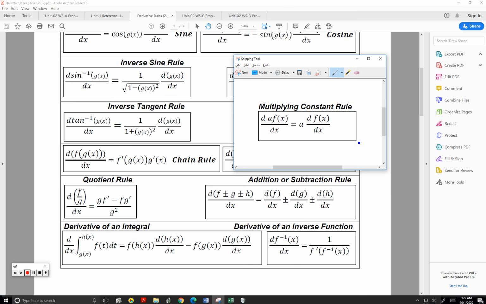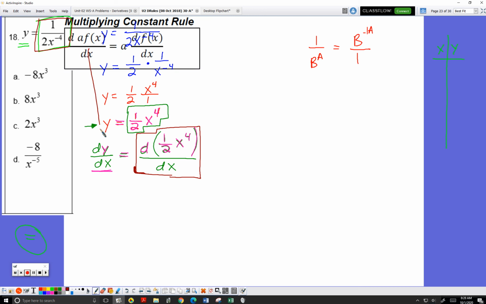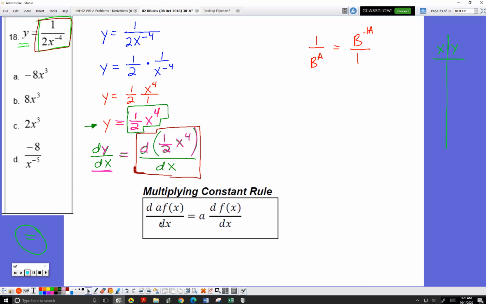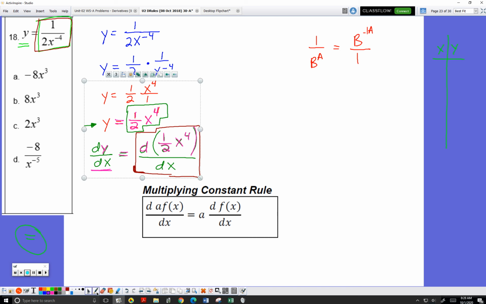So multiplying constant, come back here, paste that in, and notice how it's important that you can see clearly that we have a perfect match. The way we identify the match is we notice that this says d over dx, d over dx. The rule says d over dx.